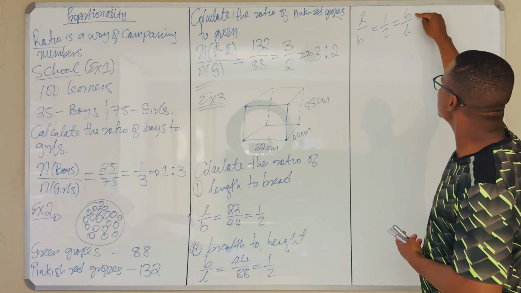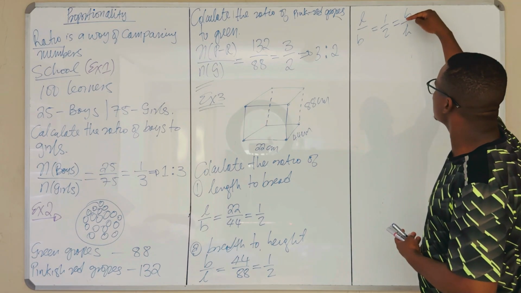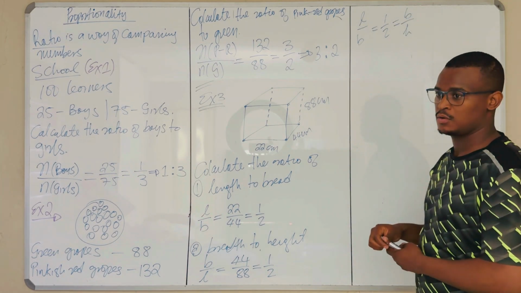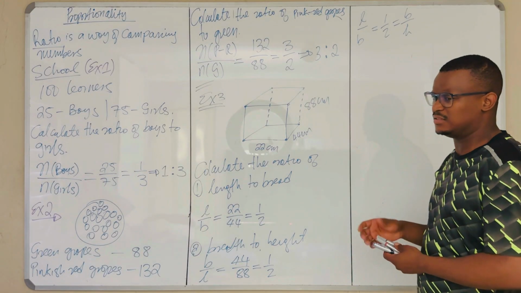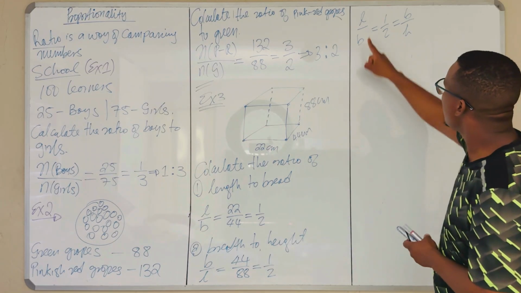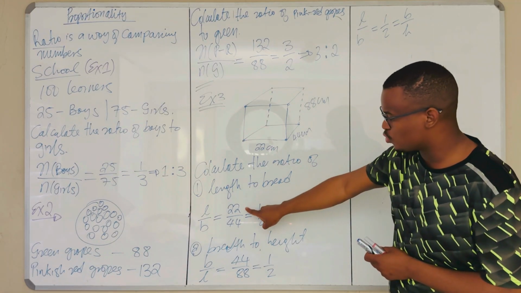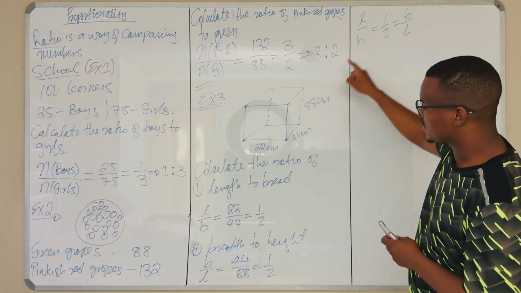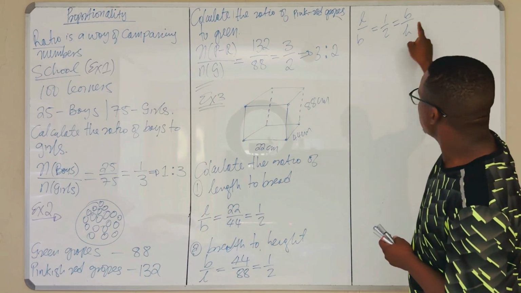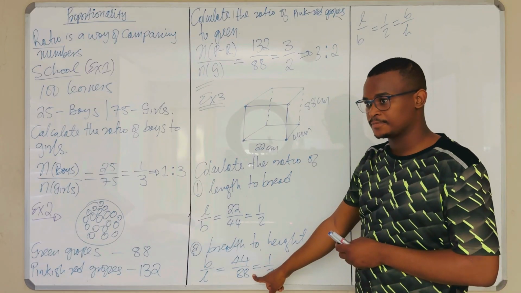Same thing. Having this ratio does not necessarily mean that this will be 1 and here should be 2. Because it doesn't make sense. We can see that it does not work like that. Because we have our length over there to be 22 centimeters, and our breadth was 44, and our height was 88 over there.